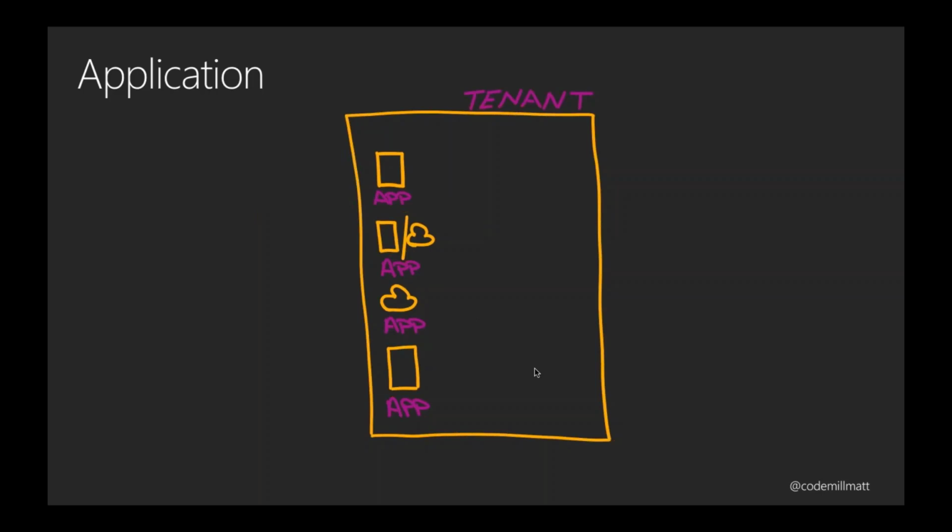Now, these applications aren't necessarily a mobile app or a web API that we're protecting. Rather, they're an abstraction that models those mobile apps or those web APIs. So they're an application within the tenant, but not necessarily our mobile app. And you can see by the rectangle and the little cloud that we can have a web API and a mobile app modeled within the same AD B2C application.